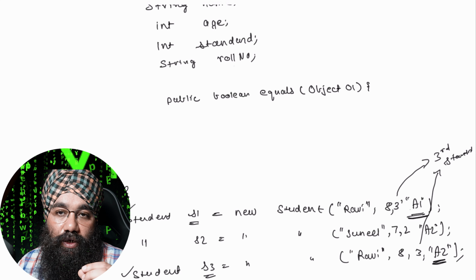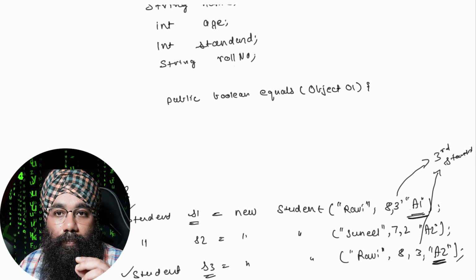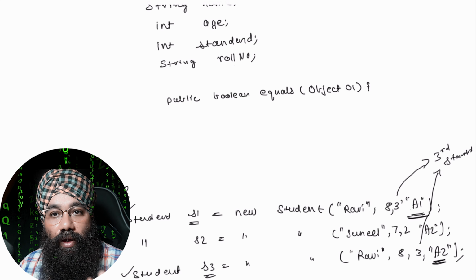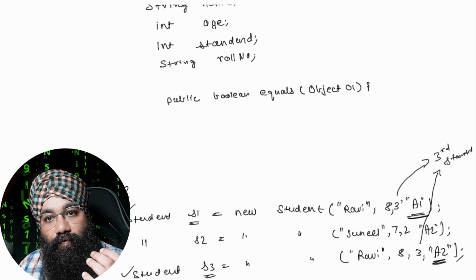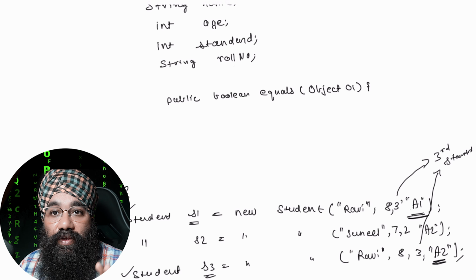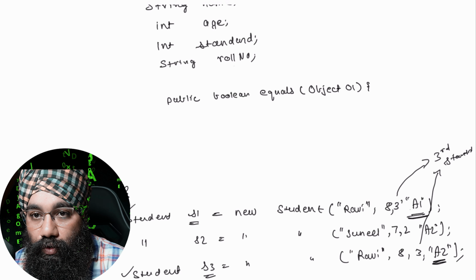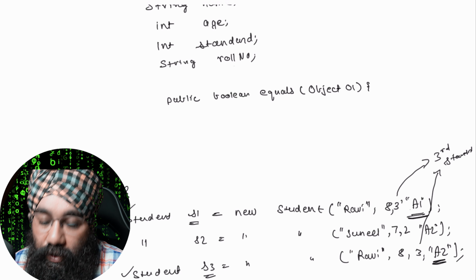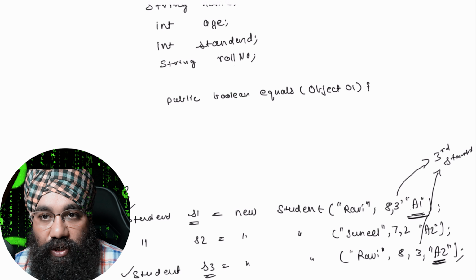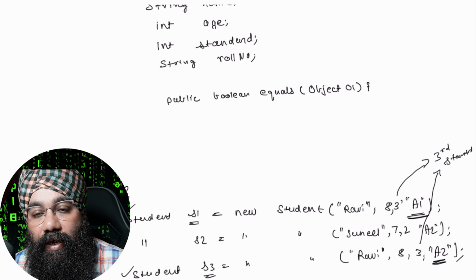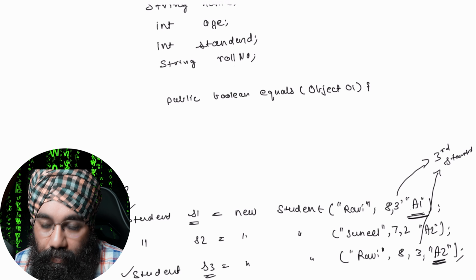Now this external object o1 that you pass, you compare it with your this instance, and you check whatever you want to check to define whether both of them are meaningfully equal or not. So for two students to be meaningfully equal, because there can be multiple children with the name Ravi, or multiple children with the same name.